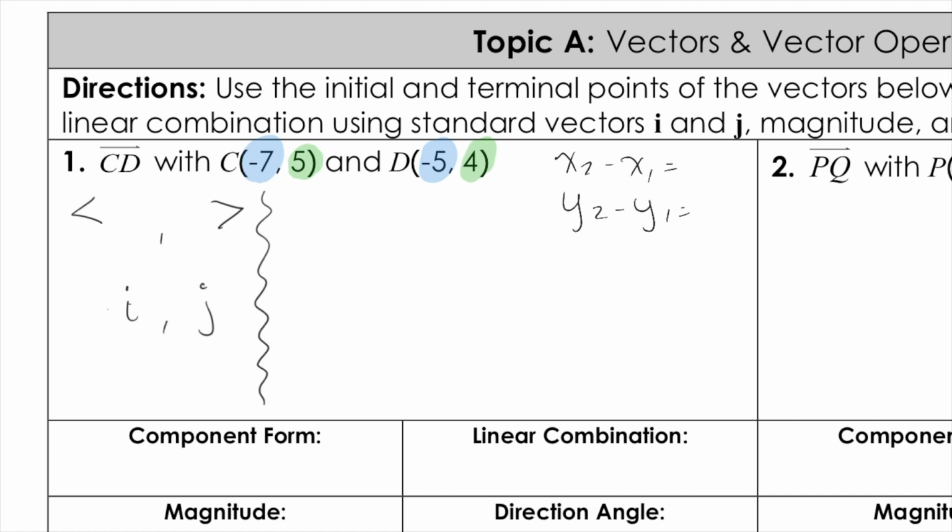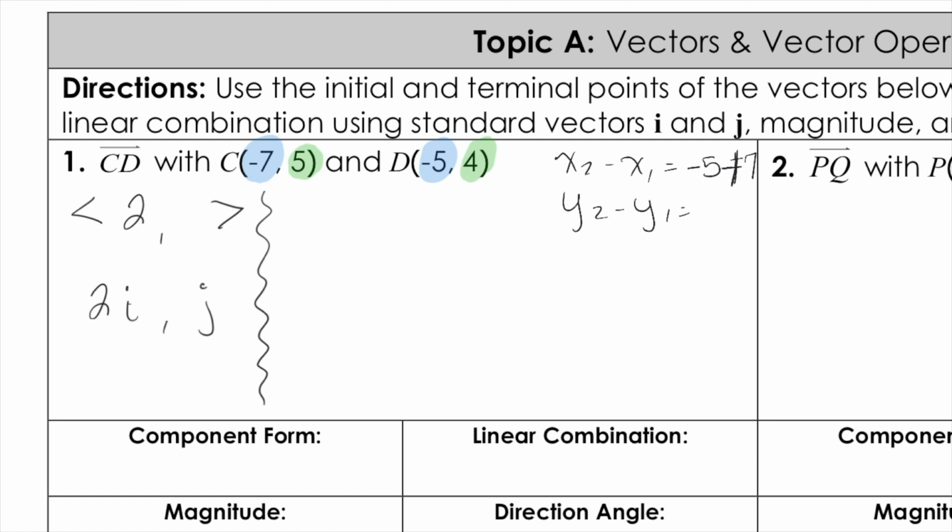So if I was looking at the difference in these points, my x2 value is -5 minus my x1 value, which is a -7. And we know that two negatives make a positive. So -5 plus 7 gives me a distance of 2. And so the first component to either one of our forms is that 2.